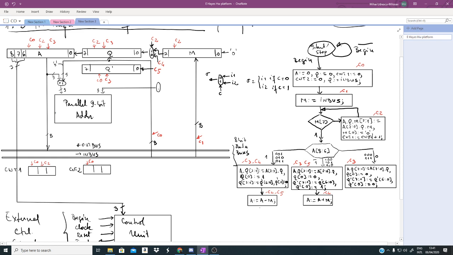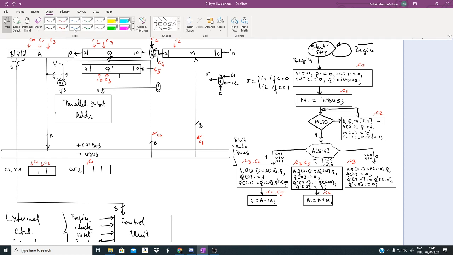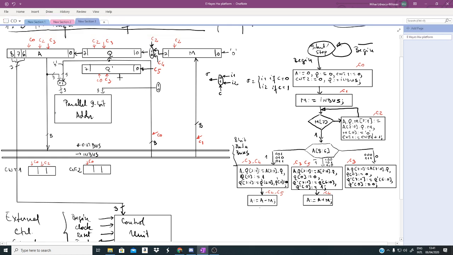Normally we take the operand on the 0 branch, but sometimes I'll put something from here as well, because I need to make subtractions between Q and Q prime.